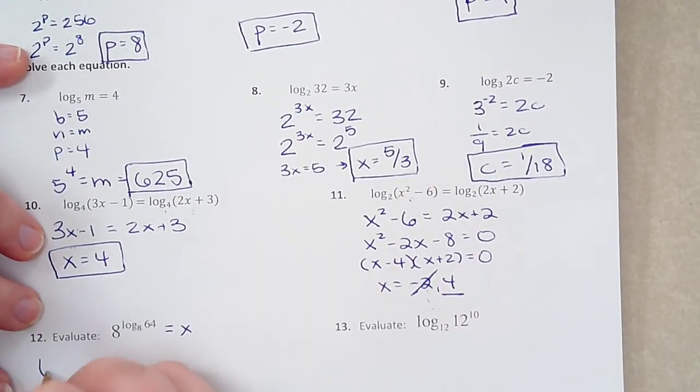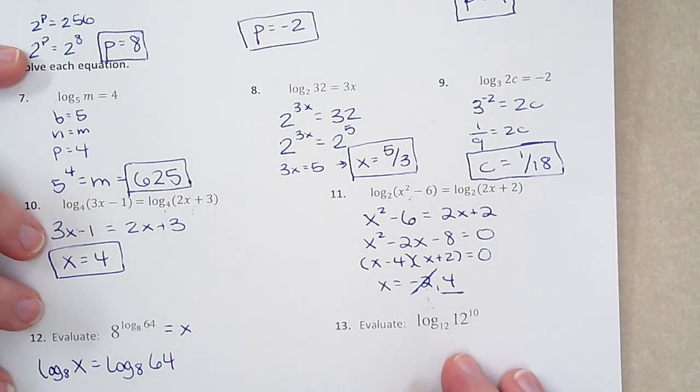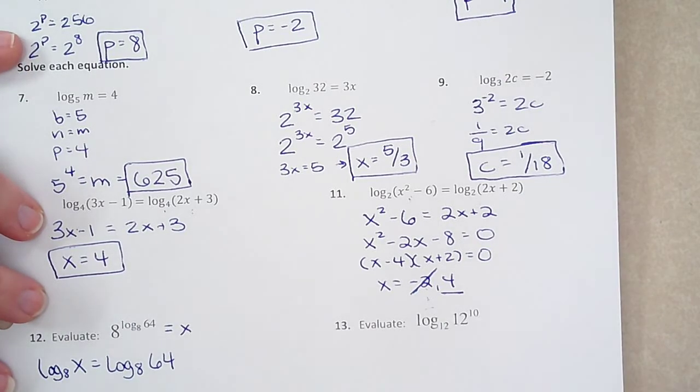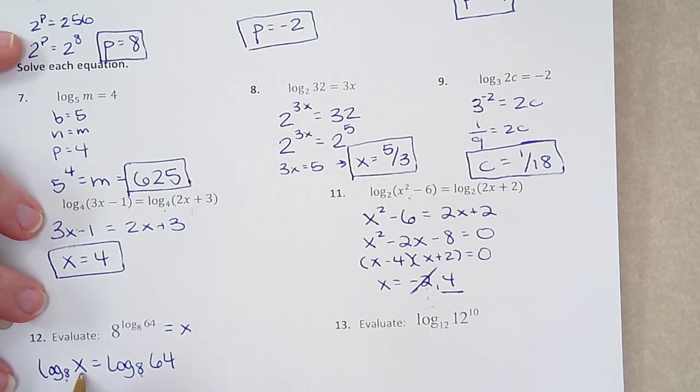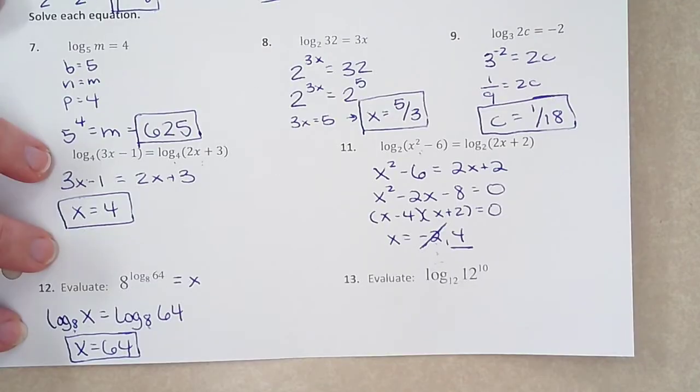We're going to say log base 8 of x equals log base 8 of 64. And all I've done there is take it from exponential form down to logarithmic form. I've moved some things around, made it look nice. From here, I see that they have the same base, so what is inside their parentheses must be the same. So this was a quick, easy fix of x equals 64.